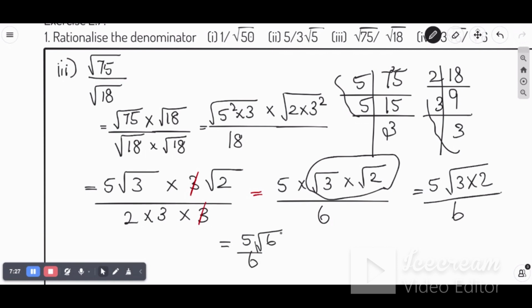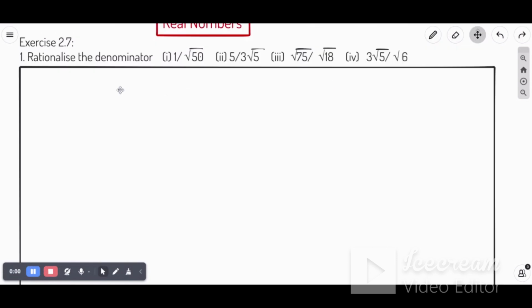Okay. So your answer will be, you have to write it as 5 root 6 by 6. So this is your answer. So for everything, just factorize it. And first and foremost step will be, multiply the numerator and denominator with your irrational number and then conclude your answer. Thank you. So I'm sorry, I missed out one more thing.